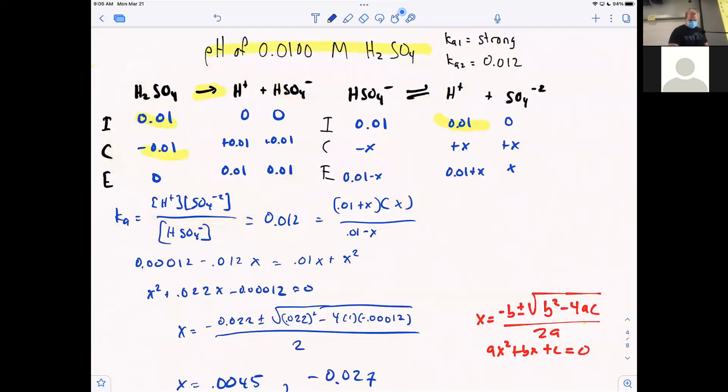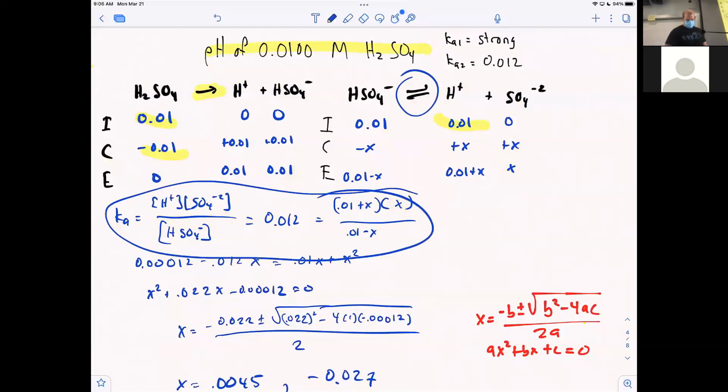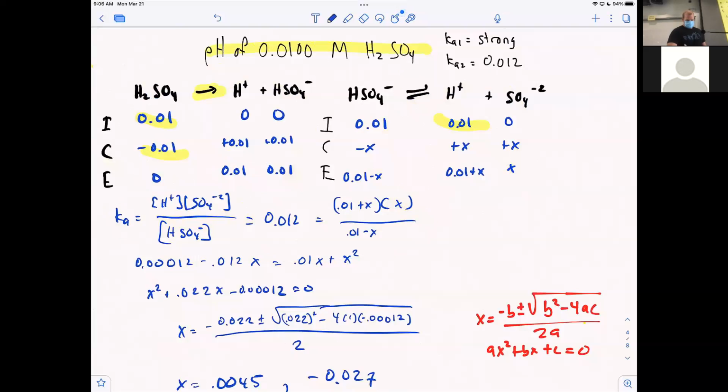All of the H2SO4 is consumed completely, and that means 0.01 of this generates 0.01 of each of the products, and you have nothing left over. Does that make sense? And then in step two, you have the equilibrium, and you have to do the Ka and all the variables. Does that make more sense?